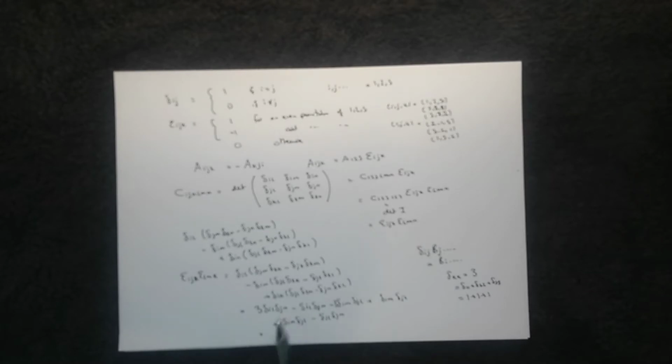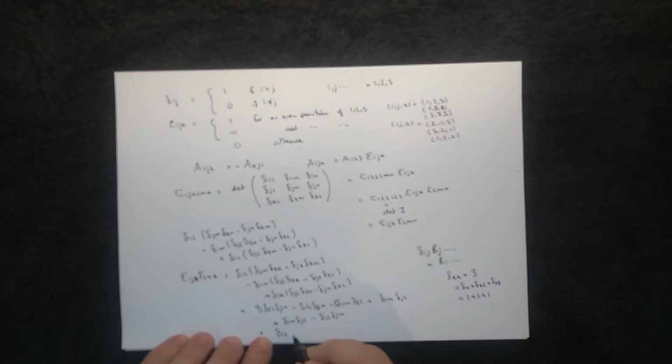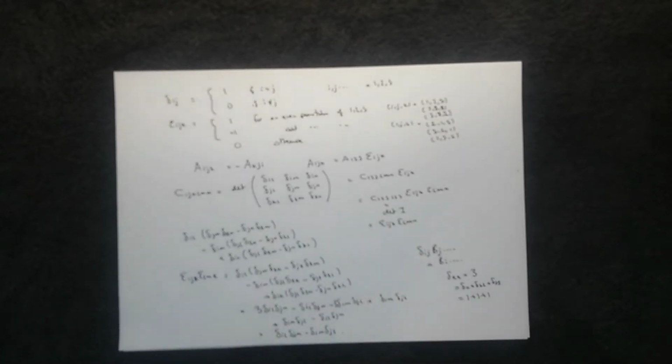So ILJM there, and there, so I get delta IL delta JM minus delta IM delta JL. So that's what we get for this thing.